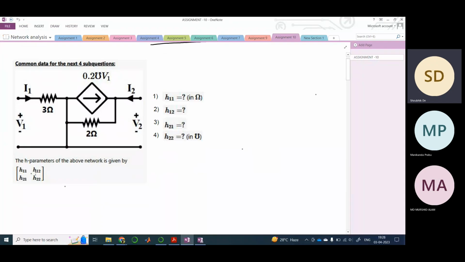So as soon as you see the parameter, the first main step is to write the formula. So V1 equals h11 I1 plus h12 V2, and this is I2 equals h21 I1 plus h22 V2, right?